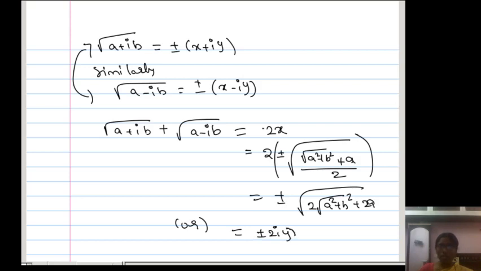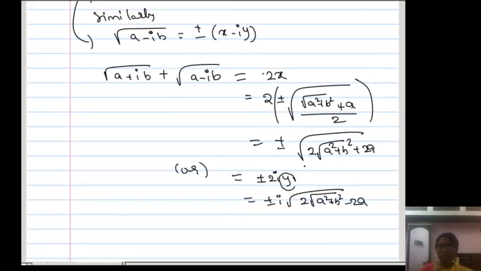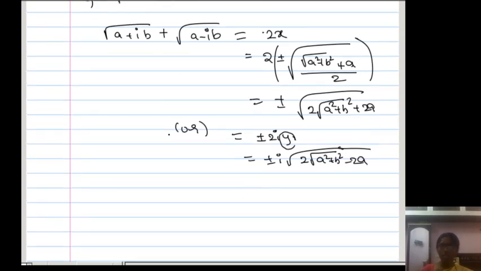If you substitute the y value here and simplify, the final answer is plus or minus i into under root 2 under root a square plus b square minus 2a. Both are the same. What I did here was just substitute the y value, so under root 2 is there, and minus 2a is left. So this is one note point if you do the addition in this way.